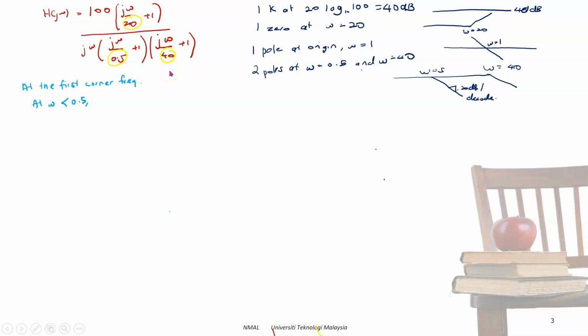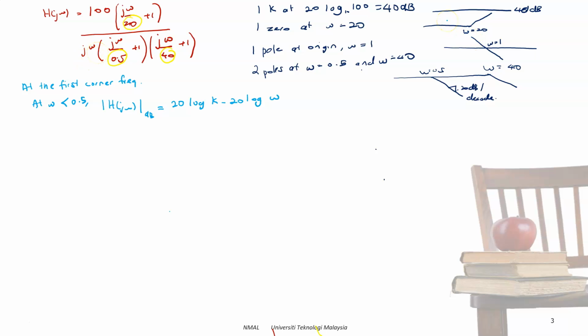Okay, so H(j omega) in dB is equal to 20 log K minus 20 log omega. Okay, because this involves omega less than 0.5, we only use the constant here and also j omega here, which is the pole at origin, because the pole at origin starts when you start the graph, it's already started here.